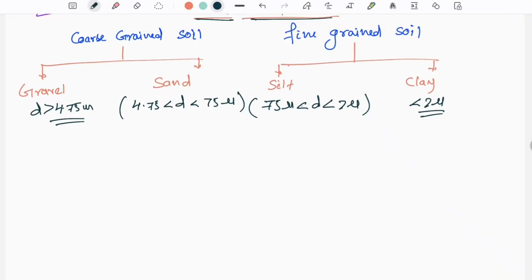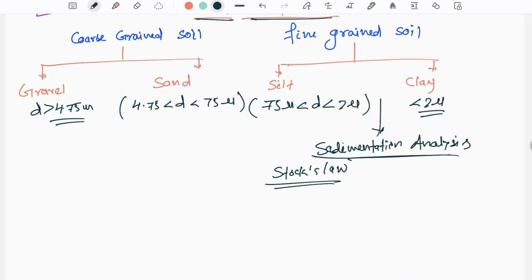Under fine soil, there is sedimentation analysis. One relation, given by Stokes, also called Stokes law, is applicable for sedimentation analysis.